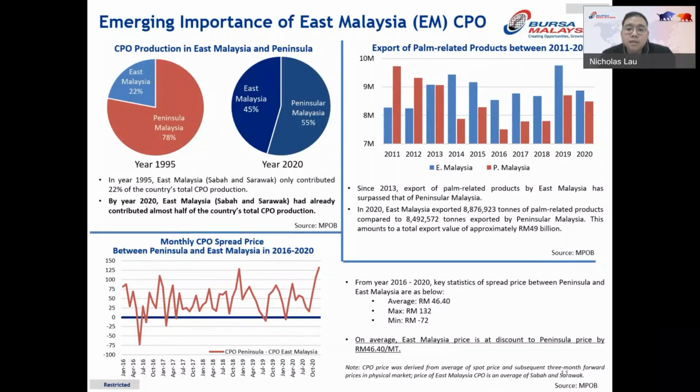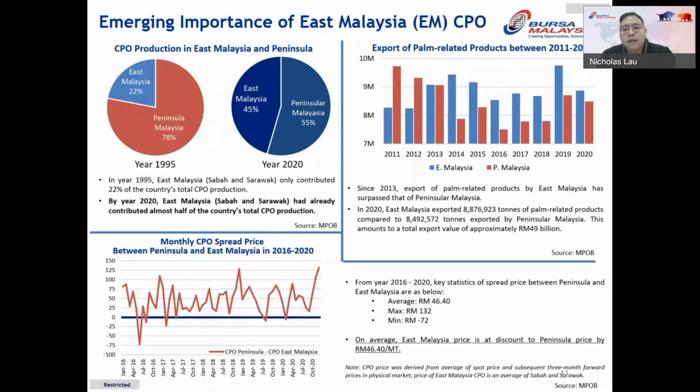Of course, beyond CPO production itself, we also took a look at the exports of palm-related products over the past 10 years. As we can see here on this bar chart on the top right, since 2020, the export of palm-related products by East Malaysia has actually surpassed that of Peninsular Malaysia.